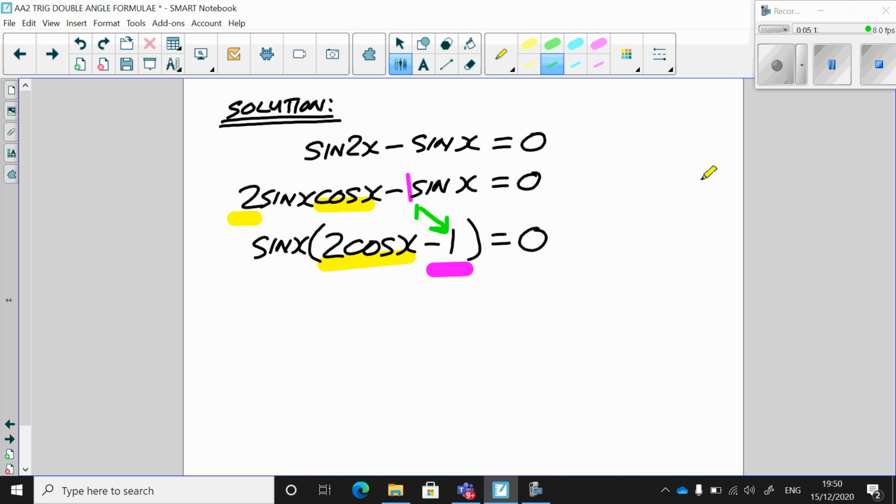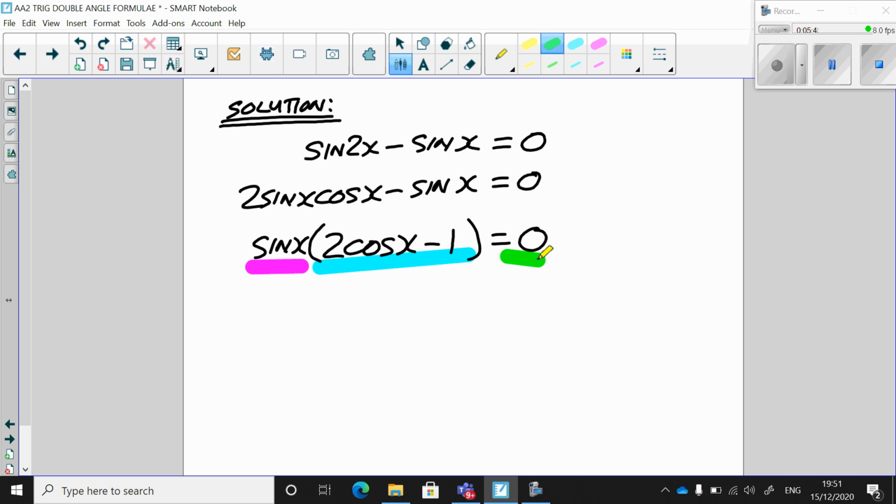So hopefully you're taking that on board. Stuff you've learnt before, you're getting hit with now. But you've factorised that, and you've got something times something, the stuff in the bracket, equals 0.